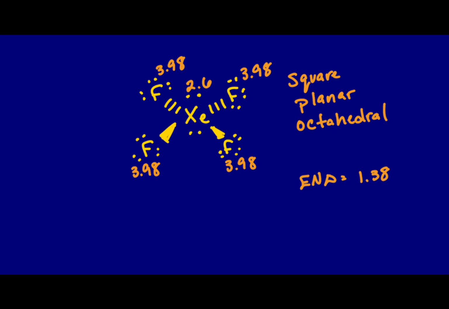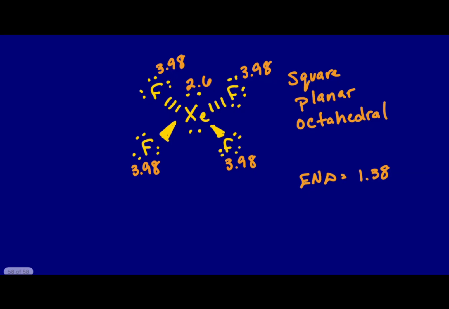So if we were to draw our dipole arrows, they would show that the more electronegative element is going to have the stronger pull. So all these shared electrons that xenon has are going to be pulled towards each of the individual fluorines. Now, we have to continue to think about bond angles here.